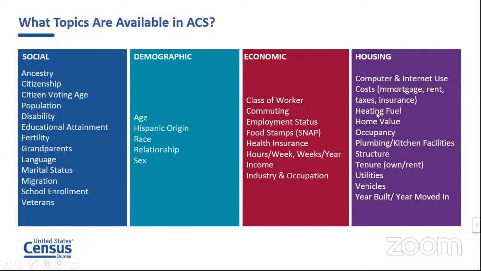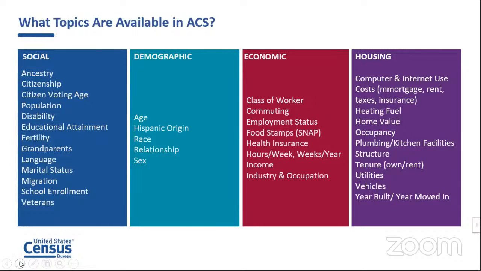And then you can look at what kind of heating fuel the homes are using, the aging housing stock of your community, what kind of facilities, how many vehicles. There's a lot of information here that you can use to gain insights into your community with regards to the housing characteristics.